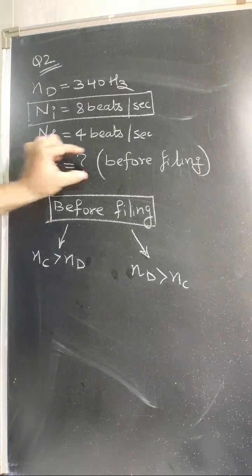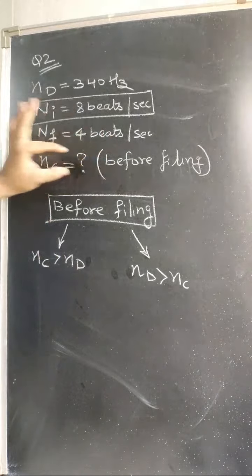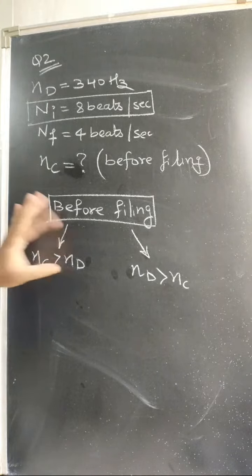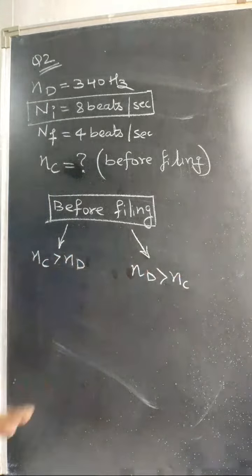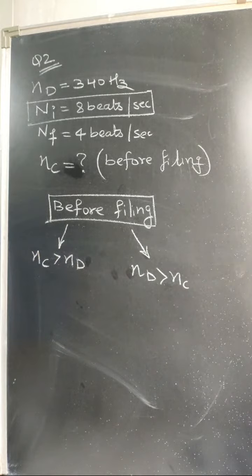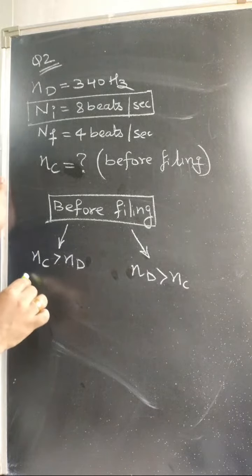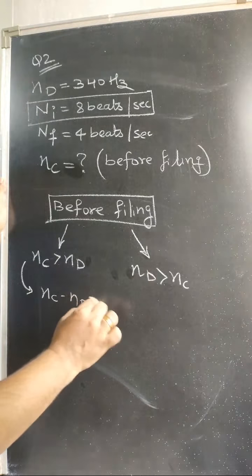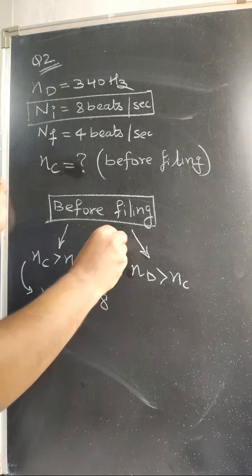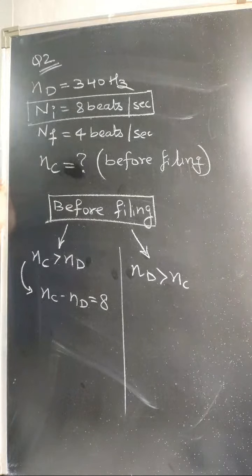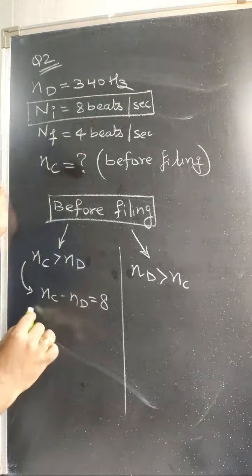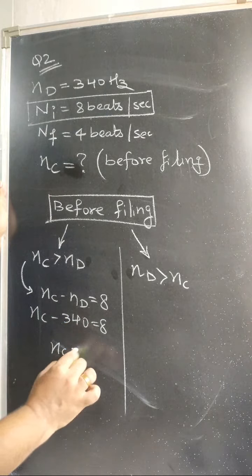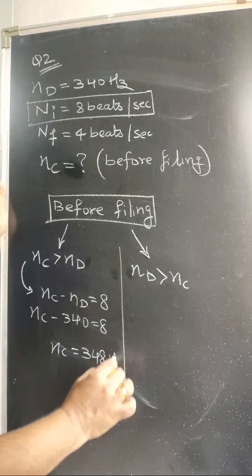Because we don't know the frequency of C value, either C will be greater than D or D will be greater than C. So if this situation comes true, then NC minus ND is equal to 8. Now ND value is 340, so NC minus 340 is equal to 8, and so NC will become 348 Hertz.